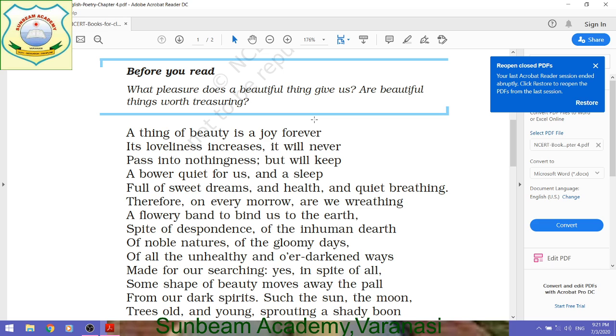And now the poet has also mentioned some other things of beauty, like daffodils, that light yellow color flower, which bloom among the green surroundings.